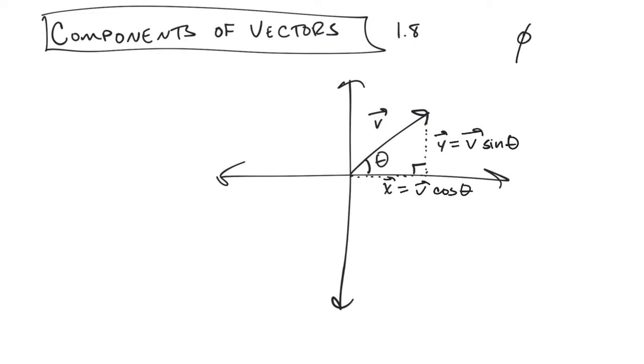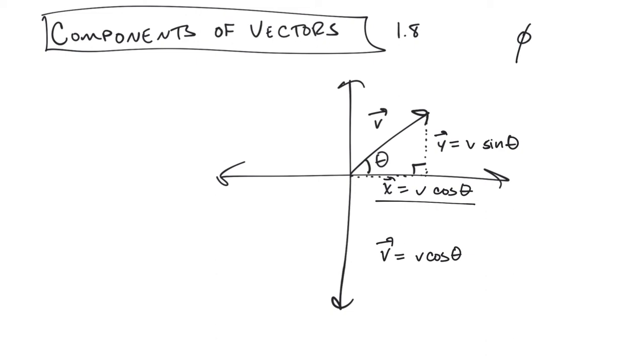So if we wanted to write that with new notation, what we would get is the velocity vector equals the x, which is the velocity vector times the cosine of theta. And actually, my notation here is kind of really sloppy. What I should have is just v to indicate the magnitude, because I'm not doing the whole vector. Anyways, so I'm just doing the magnitude. That's the v without the arrow.